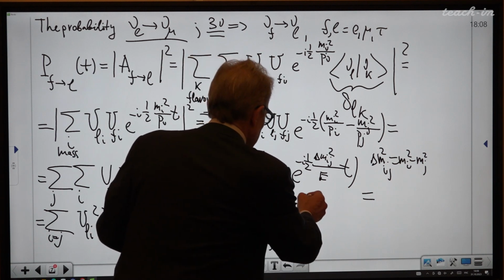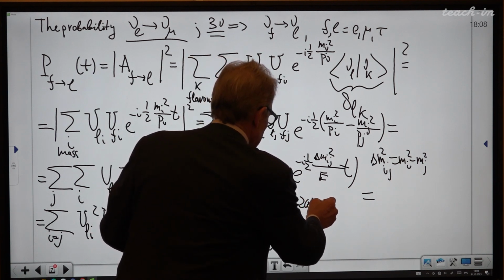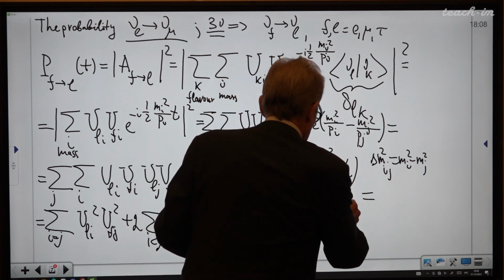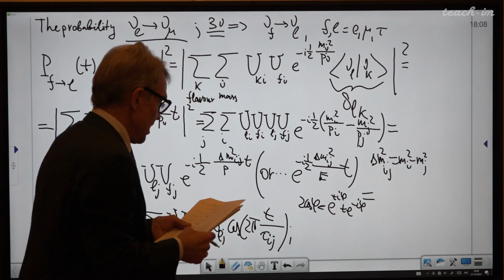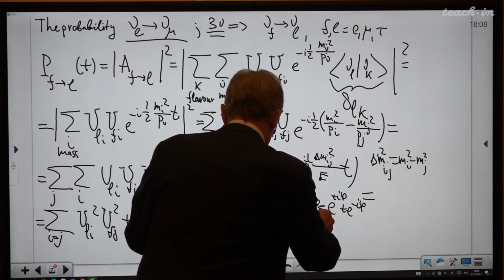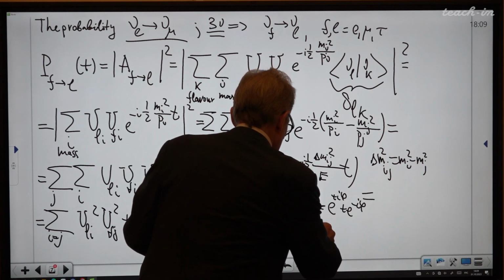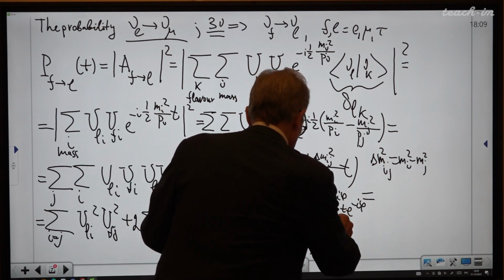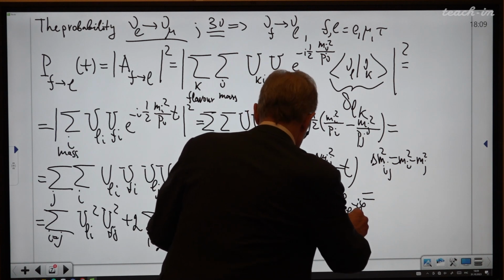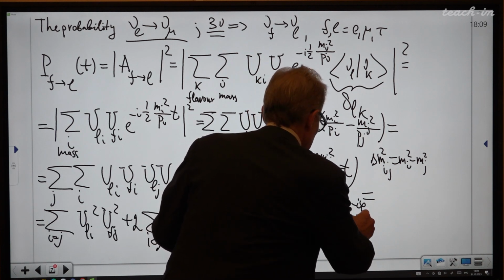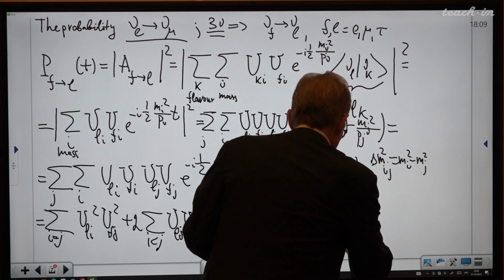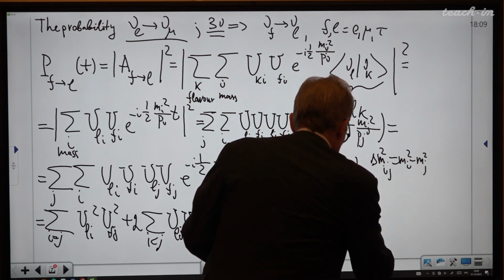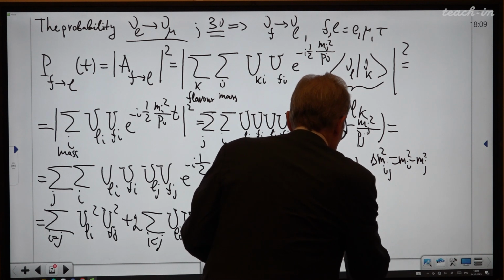So I use the well-known relation that cosine equals exponent of i phi plus exponent of minus i phi, divided by 2. And also we introduce this tau ij, the characteristic time, tau ij equal to 2 pi times 2 momenta divided by the modulus of the mass square difference delta m ij squared.